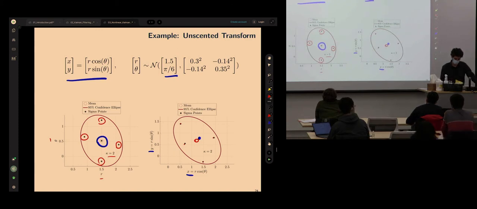So in EKF, why do we just calculate the new mean by putting the mu into the function, but here we use the sigma points? So the question is, in EKF, why do we just evaluate the mean by plugging it into the function? My question would be, what else do you recommend us to do? What's the alternative?